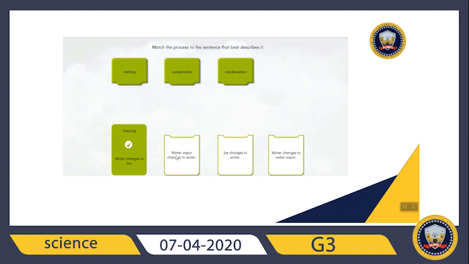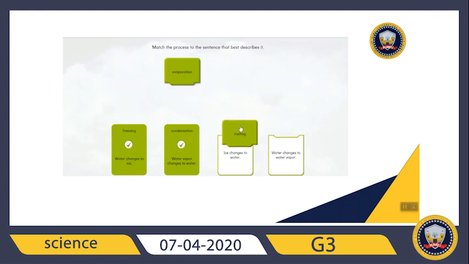And when water vapor changes to water, do you remember the gas that turns to water again? It is condensation. That's right. And when ice changes to water, what's happening? This action is melting.